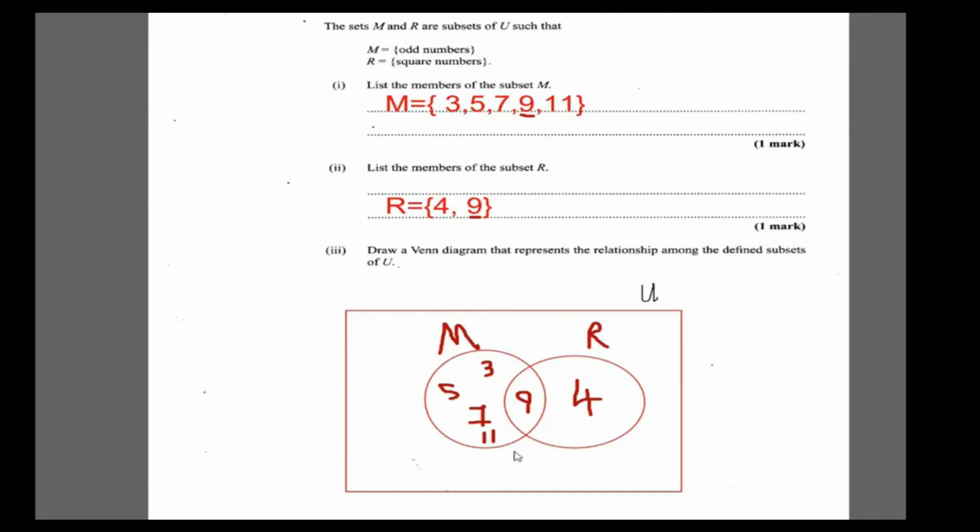So 6, 8, and 10 need to be in this Venn diagram, but on the outside, because they're inside the universal set but not in set M or set R. And that's it. That takes care of all of your elements.